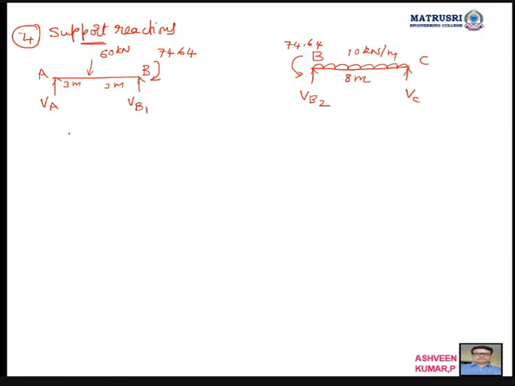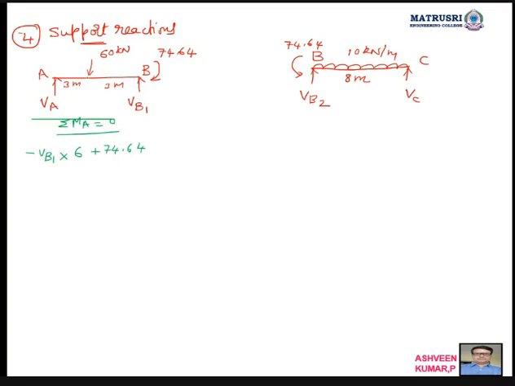So I'll take any one, moment about A or moment about B. If I am taking moment about A, VB1 into 6 is anti-clockwise, so minus VB1 into 6. This is a general moment I am taking. Whenever I say moment about A, this is a general moment. Then 74.64 is clockwise, so plus 74.64.